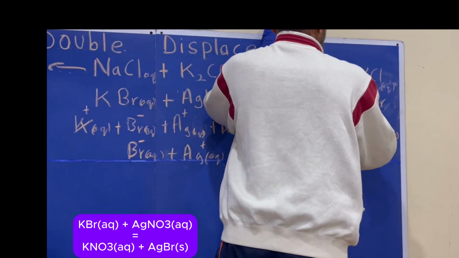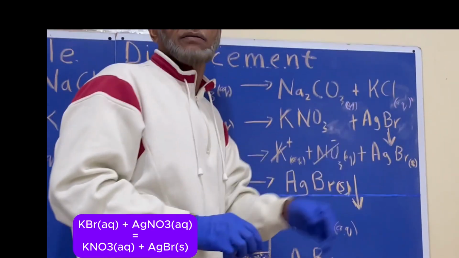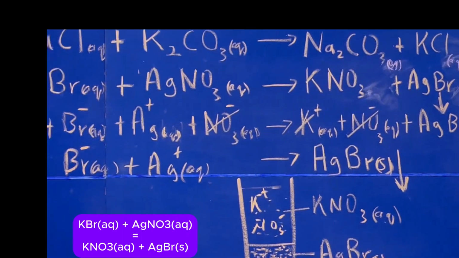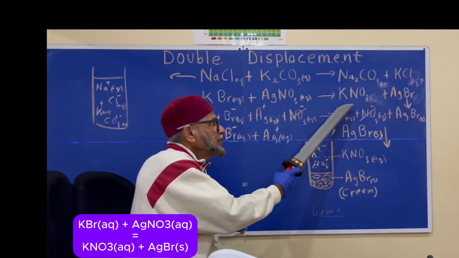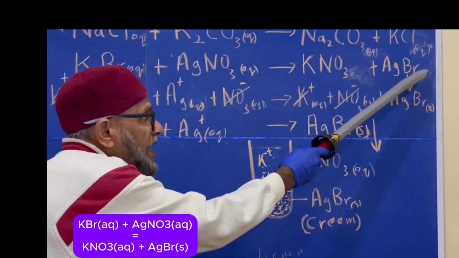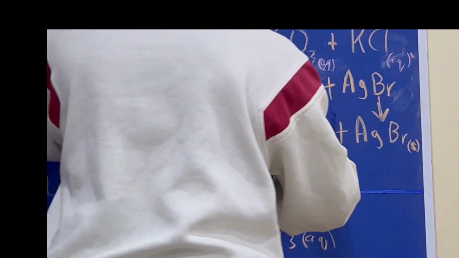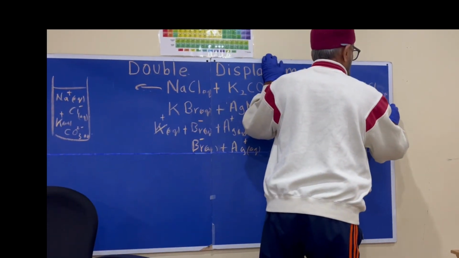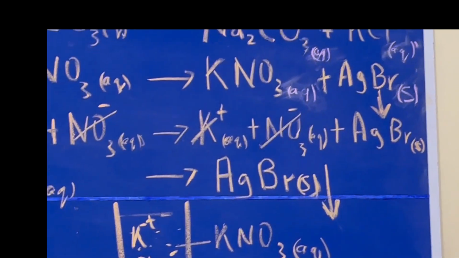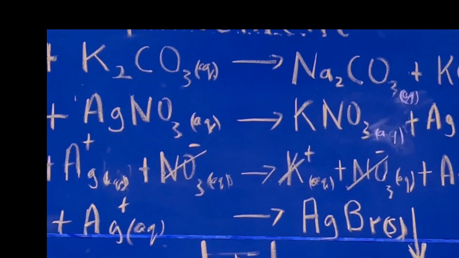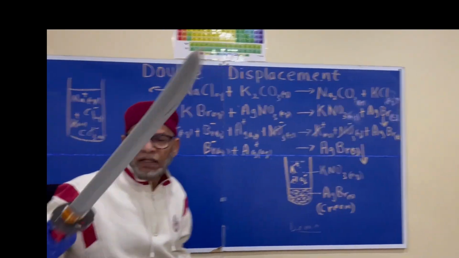Aqueous means that both of these are soluble in water. However, the solubility chart indicates that potassium nitrate is soluble, but silver bromide is sparingly soluble. So I put in aqueous here, and I put solid here. Because silver bromide is sparingly soluble, we will expect a precipitate to be formed.